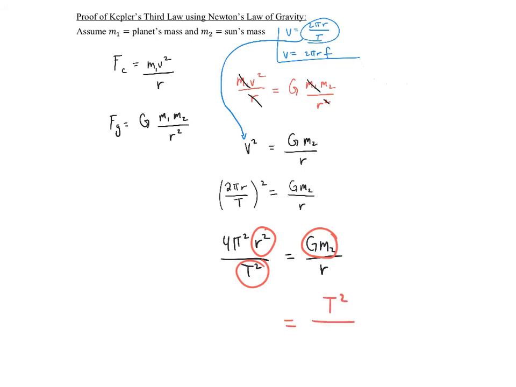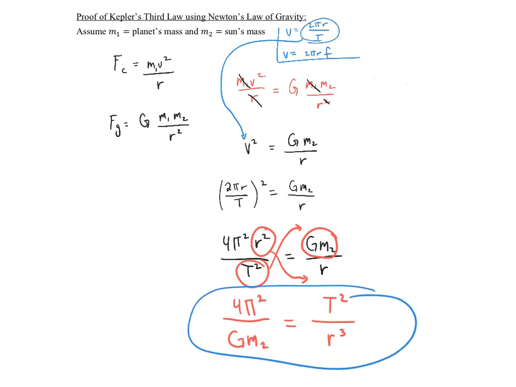If I move r squared, that'll make this r cubed down here. So again, t squared is going up over here. R squared is coming down over here. Then G m2 is going in the denominator down here. And 4 pi squared remains up top. So why is this important right here? How is that proof that Kepler's third law is valid?